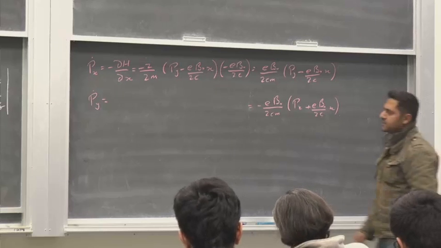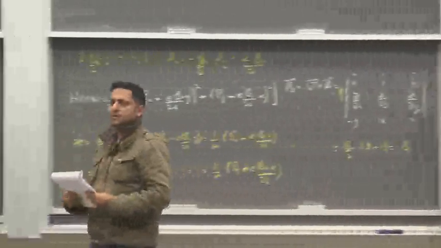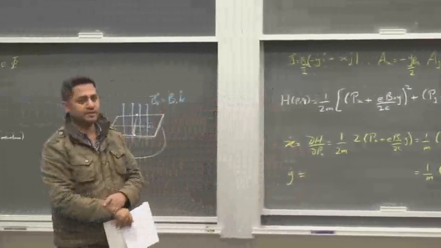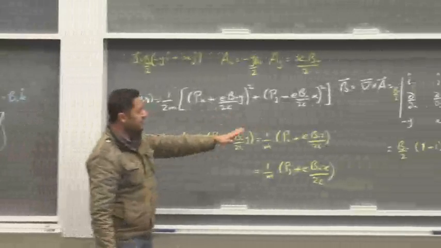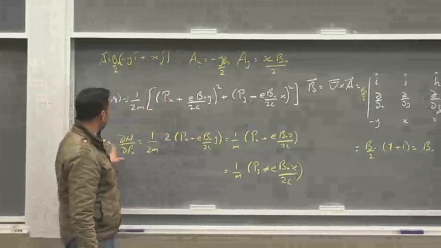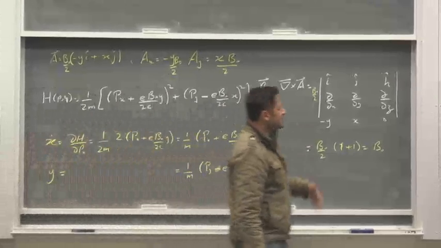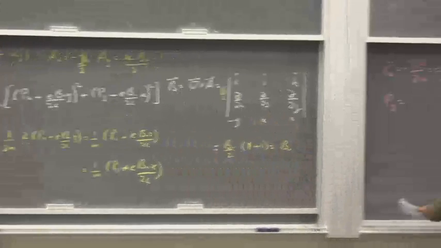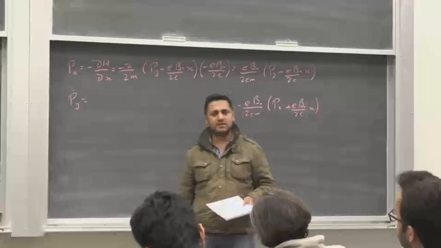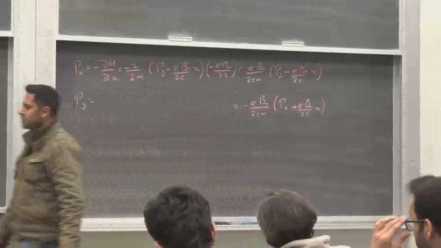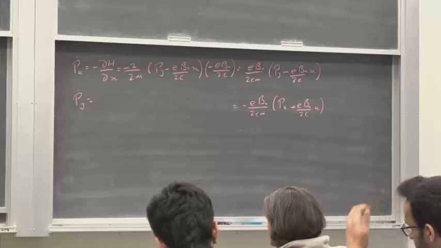And in the end, these are the complete set of equations. If I want to solve it for the coordinates x and y, then I have to eliminate px over here. I would put px in here and solve, but it's not px, it's px dot. So what you almost always end up doing is getting a second order equation for x, which is just Newton's second law.